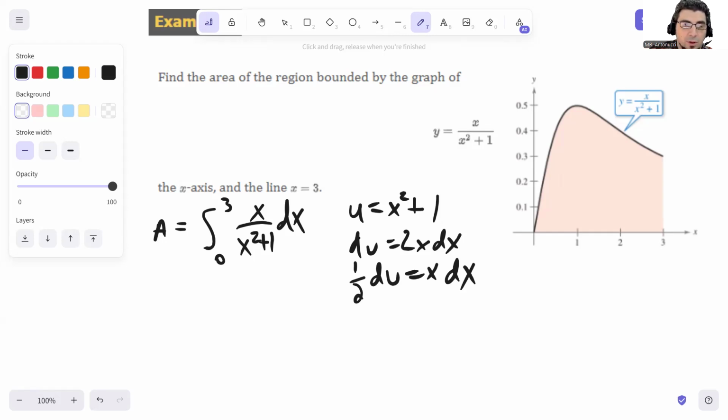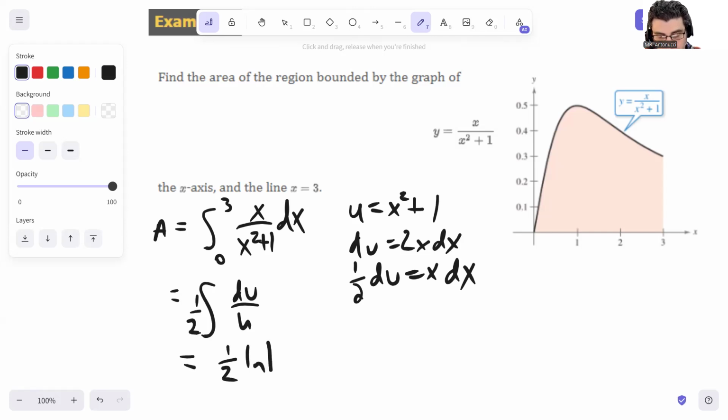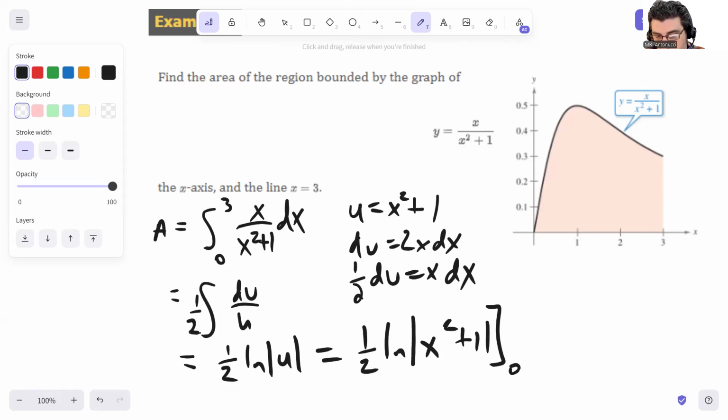Okay? So this would be the integral of du over u times 1/2, which is 1/2 natural log absolute value of u, which is 1/2 natural log absolute value of x squared plus 1.